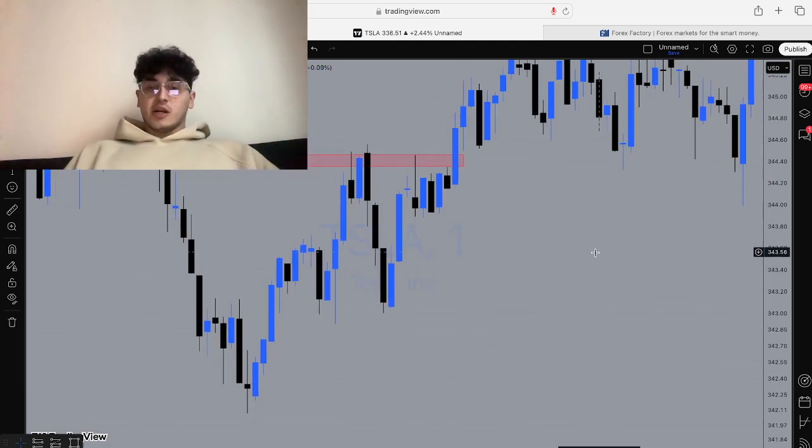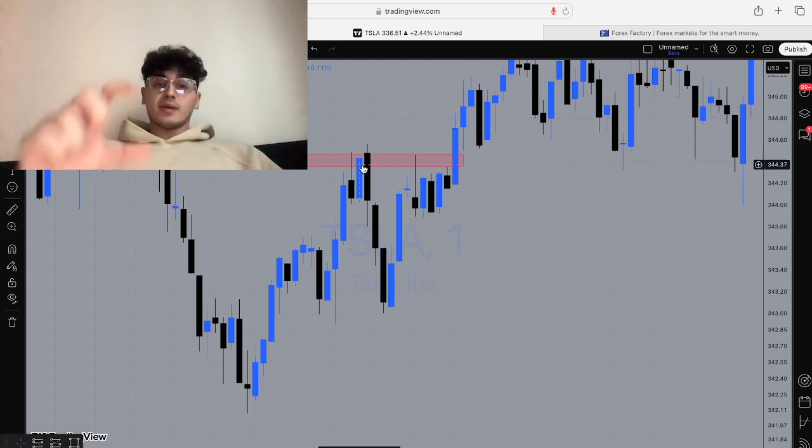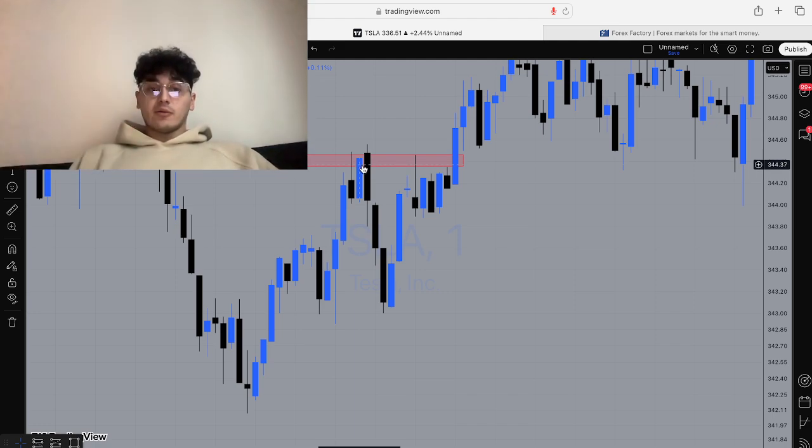Why did we get the rejection and reversal? Due to the unfilled orders that were being left within that gap, right? Depending on how strong the gap is, or depending on how many times price actually reversed and rejected from that gap, will indicate to you how strong those gaps are. But keep in mind, you only want to trade fair value gaps on its first or second rejection.